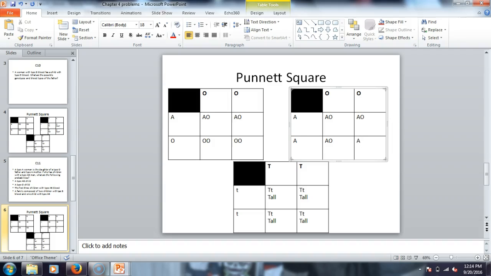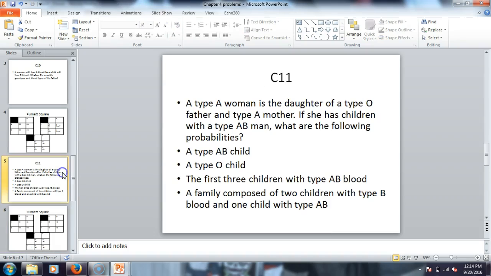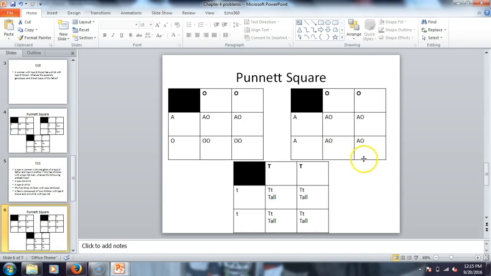All right, so let's move on to the next part of the problem. If she has children with a type AB man, what are the following probabilities? Okay, so let's first figure out her cross.